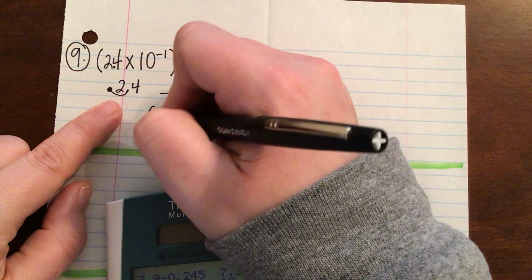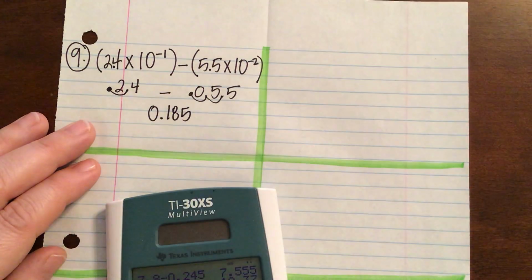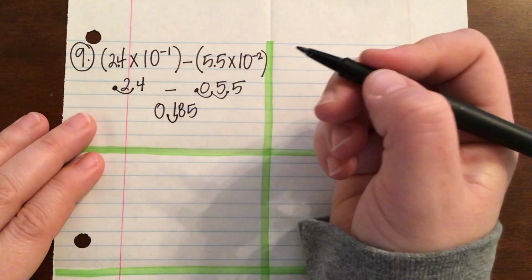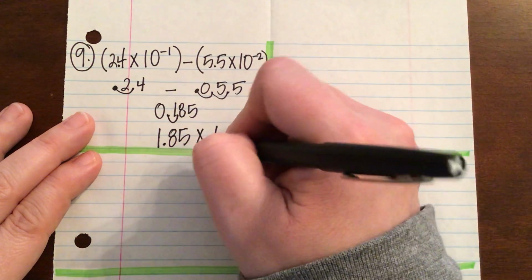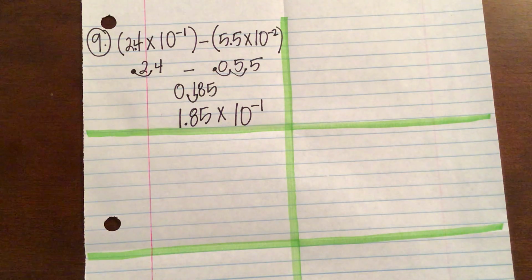Get your answer of 0.185. And then move it, boop, 1.85 times 10 to the -1. If that's the way that works for you, do it that way.